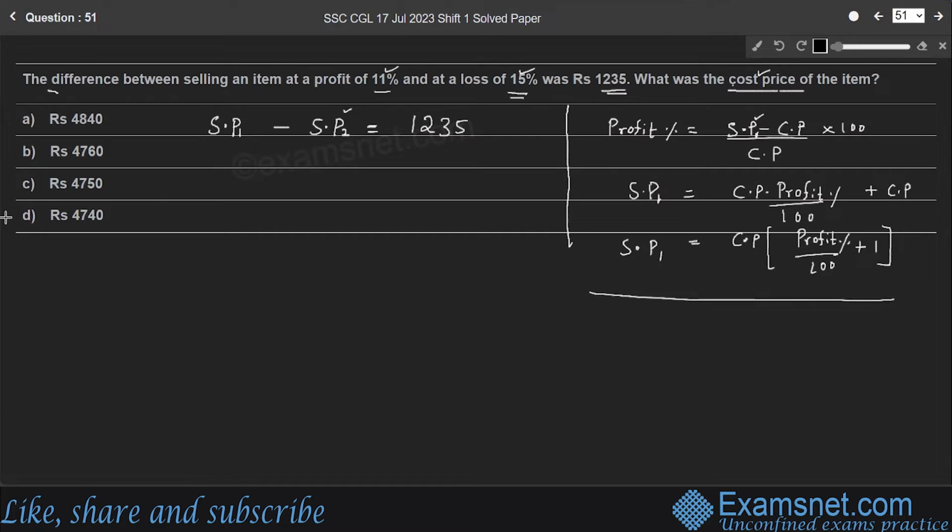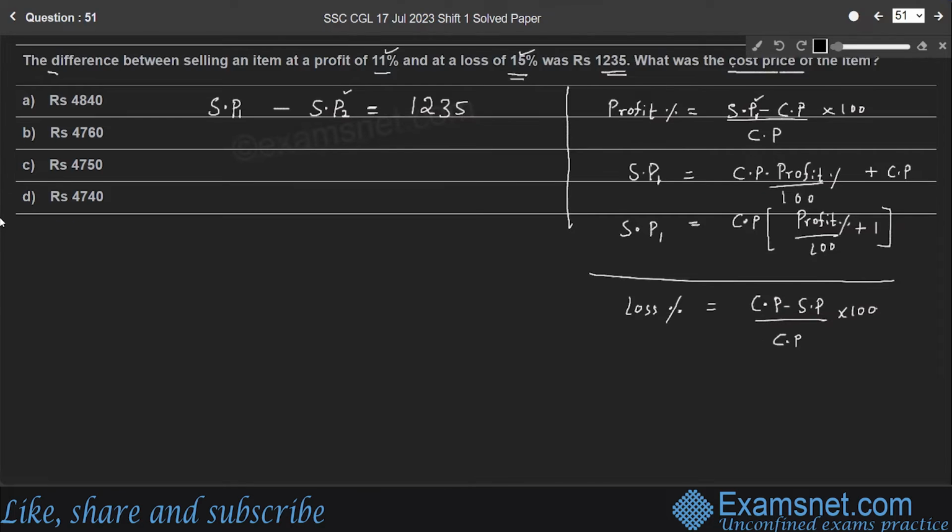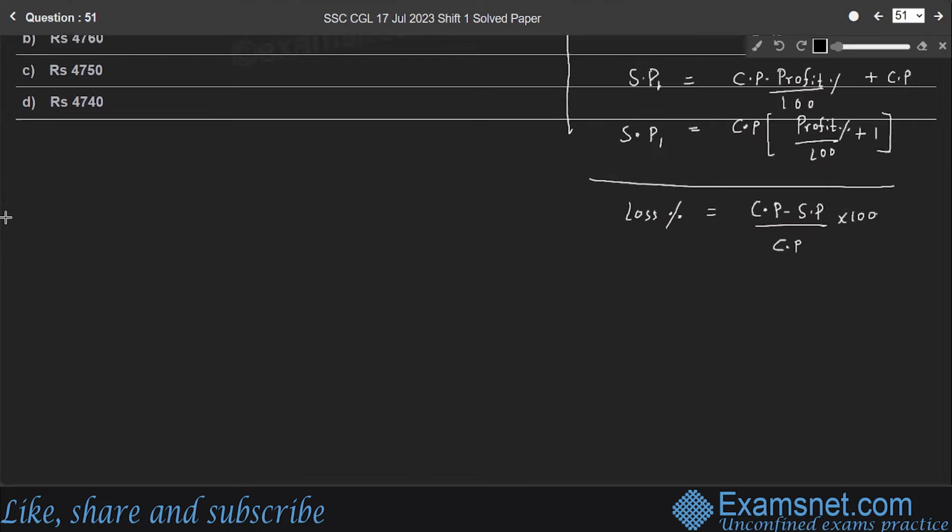When there is a loss, take the loss percentage formula. In case of loss, cost price will be greater than selling price. Therefore, cost price minus selling price over the cost price into 100 gives loss percentage. We need the selling price here, selling price 2.